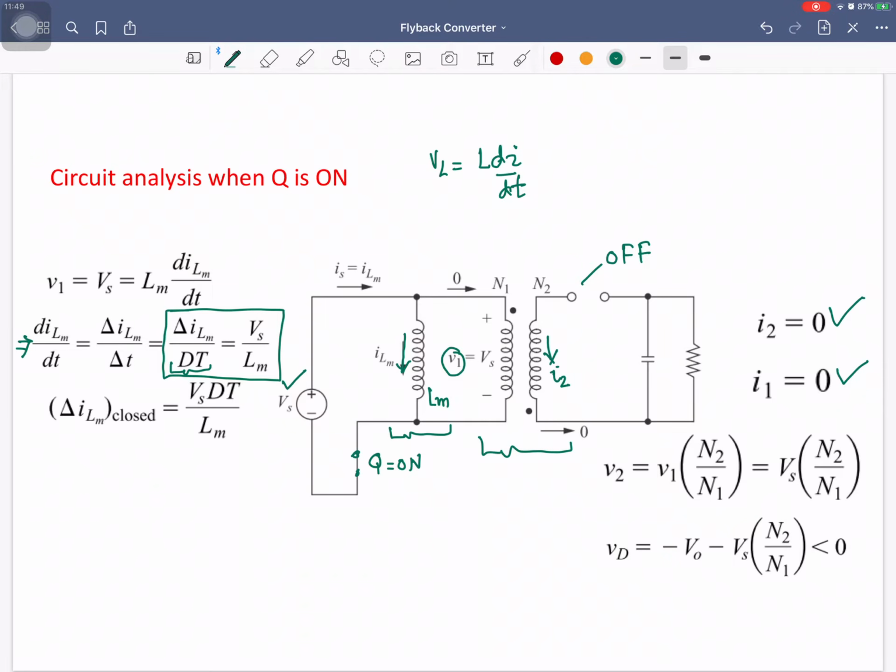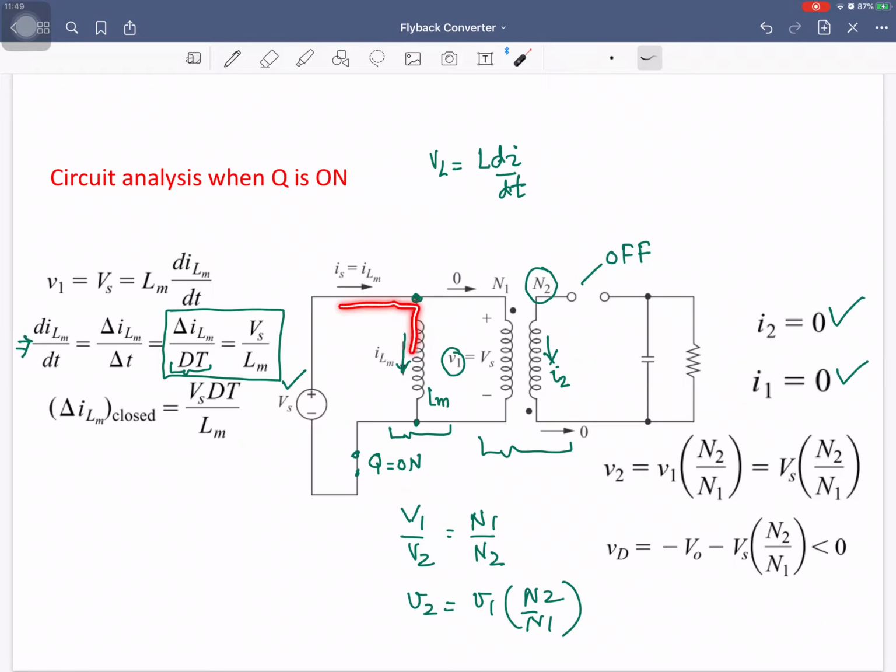Right? So now what is the voltage across the secondary winding? That depends upon the turn ratio. Let's suppose that the number of turns in the secondary is N2 and the number of turns in the primary is N1. So we can write that V1 by V2 should be equal to N1 by N2. From here I can find V2, which is equal to V1 into N2 by N1, and V1, which we are going to apply across this one, will be the same over here.